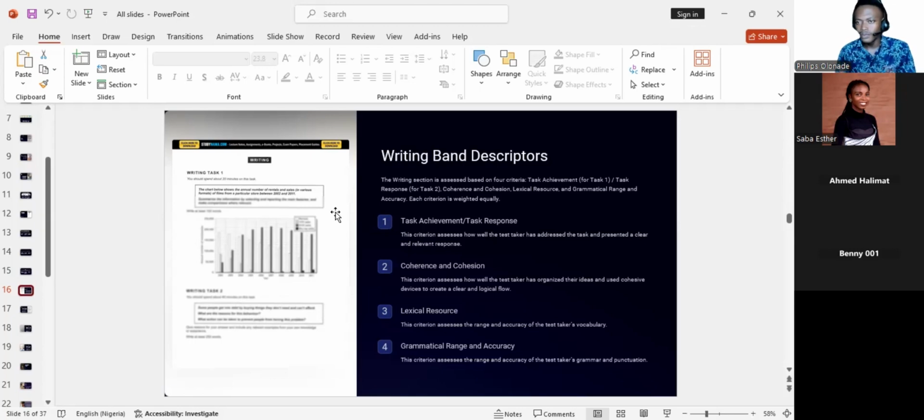Now, let me give you a tip here. Whatever you do, do not forget to write in paragraphs. Because if you don't write in paragraphs, forget about band 6, band 7. Even if you wrote the best article, nice words, brilliant English, well-constructed sentences, if you don't write in at least 4 paragraphs, you've missed it.